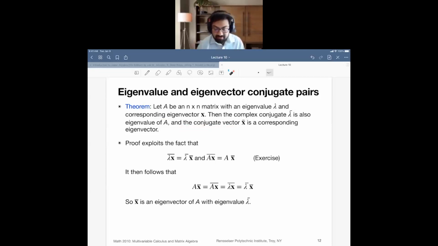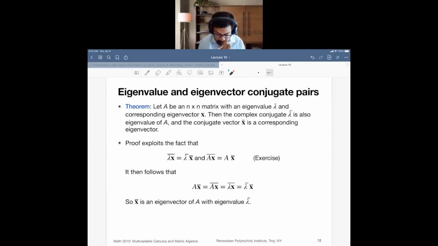So if you have lambda and x as eigenvalue and eigenvector for a particular matrix A, and if lambda happens to be complex, then lambda bar is also going to be an eigenvalue of A, with the corresponding eigenvector x conjugate.